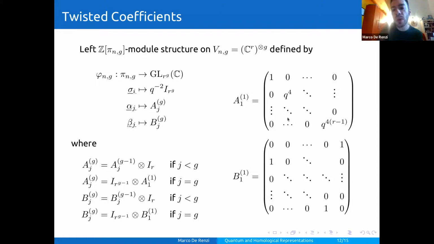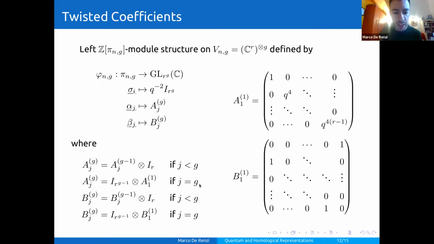And with these two matrices, we can extend this definition to higher genus surfaces. This is done monoidally, essentially. So for when J is strictly smaller than G, you should take what you had previously and tensor by the identity on the last component.